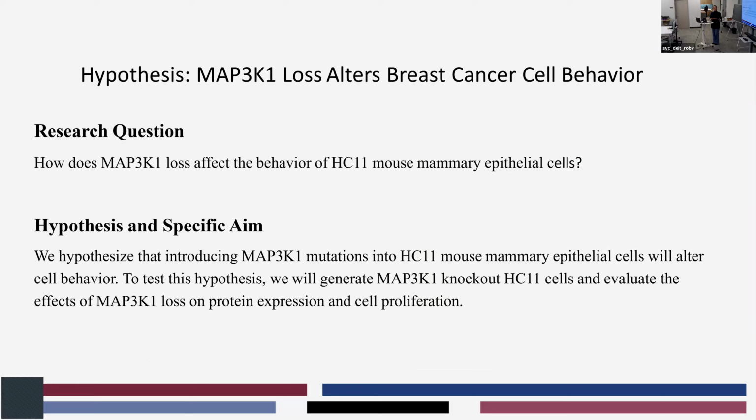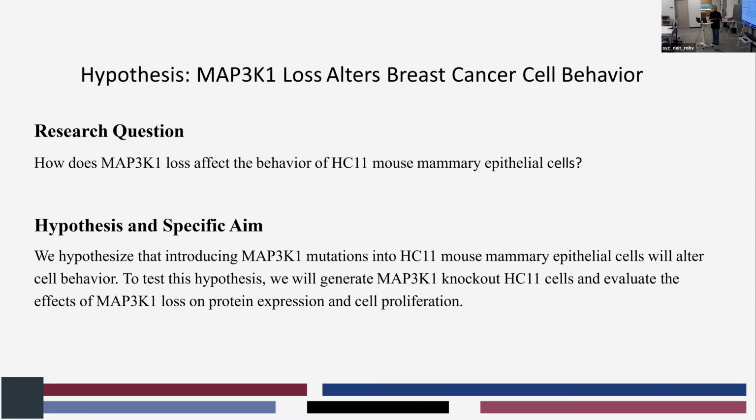Hypothesis: MAP3K1 loss alters breast cancer cell behavior. Our research question was, how does MAP3K1 loss affect the behavior of HC11 mouse mammary epithelial cells? Hypothesis and specific aim. We hypothesized that introducing MAP3K1 mutations into the HC11 mouse mammary epithelial cells will alter its cell behavior.